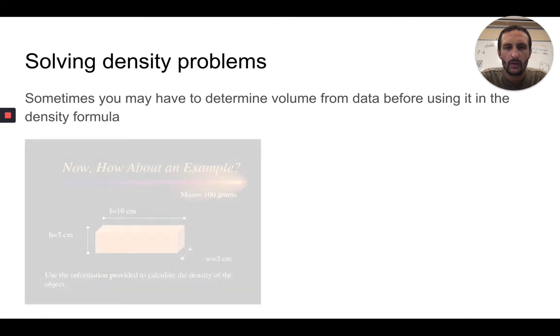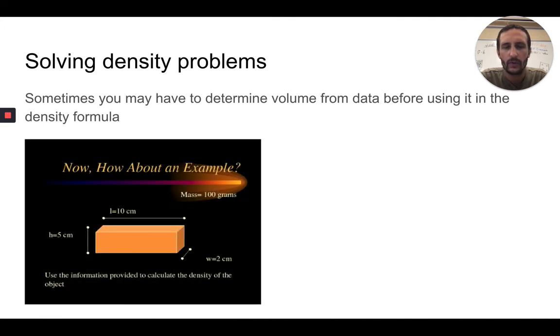One other quick note, sometimes you have to determine the volume before using it. If you're given length, width, and height of an object, you can use that to find the volume.